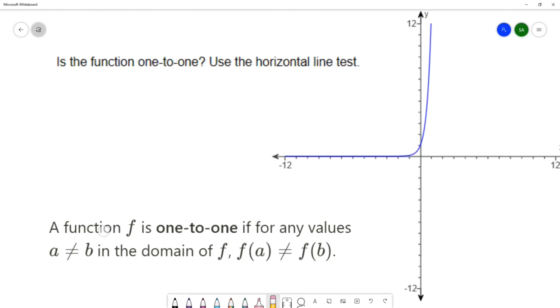A function f is one-to-one if for any values a not equal to b in the domain of f, f of a is not equal to f of b. So this is saying that if we have x values that are different, then our y values will be different.